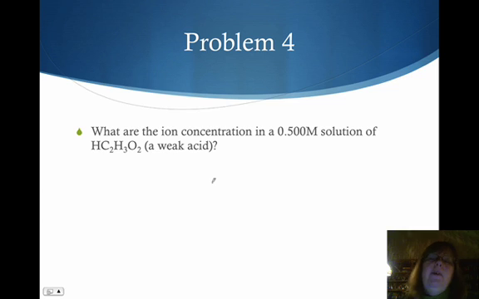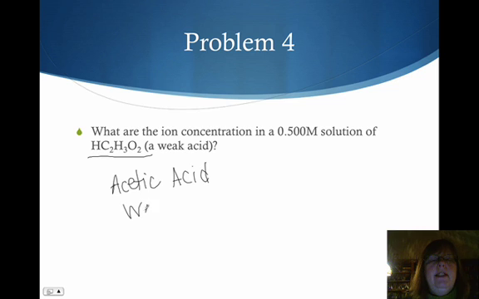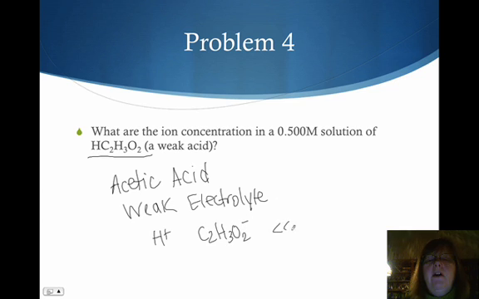Okay, now what if we have a weak acid? So we have a 0.5 molar solution of, this is called acetic acid. And we know that these weak acids are weak electrolytes. So if it's a weak electrolyte, it doesn't have as many ions in solution. So it has some hydrogen ions and some acetate ions, but they are far, far, far less than 0.5 molar.